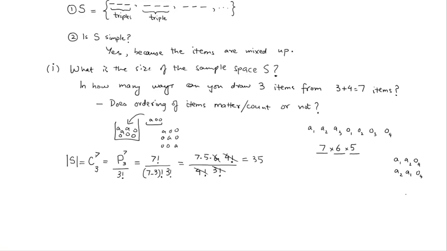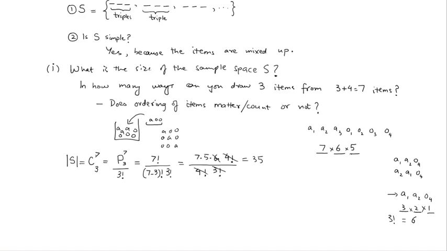So for any 3 items, let's say A1, A2, and O4, just as an example, these 3 items can be arranged in 6 ways. Why? Because you can have 3 options for the first position, 2 options for the second position, and only 1 option for the last position, and you multiply them and you get 6, right? So 3 factorial, right?